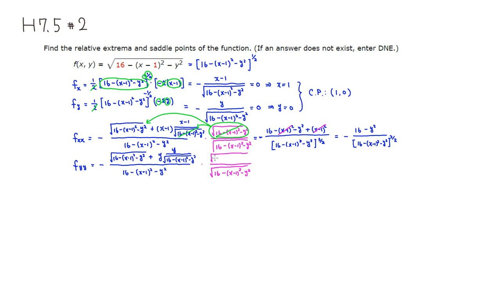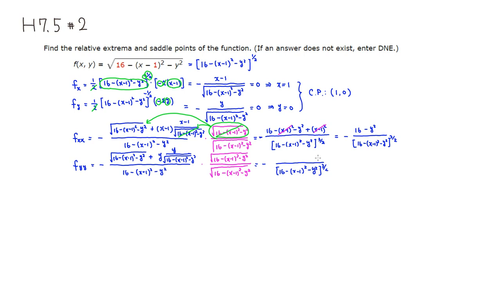So this is going to be negative. The denominator is the same as before, so you have 16 minus (x minus 1) squared minus y squared, raised to the 3/2 power.